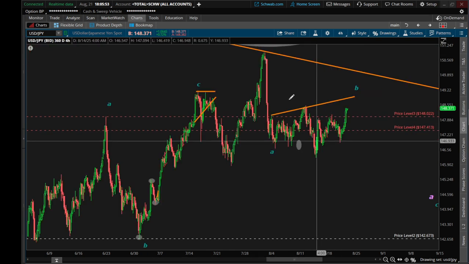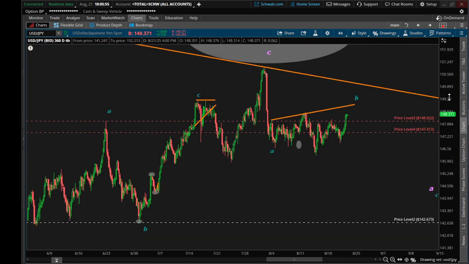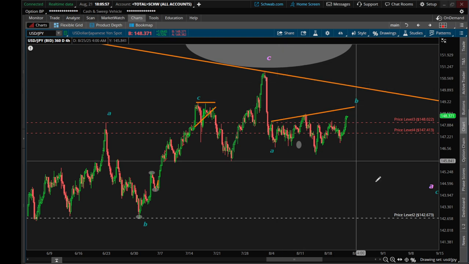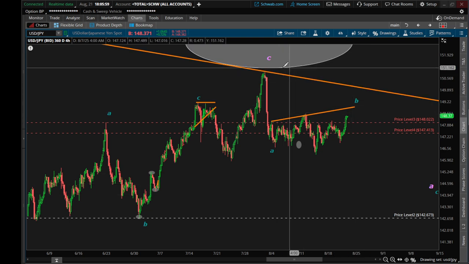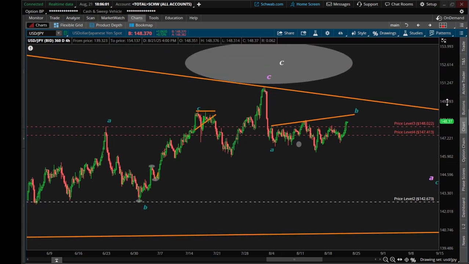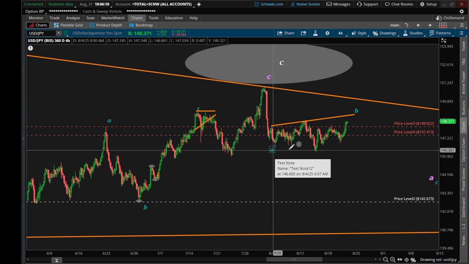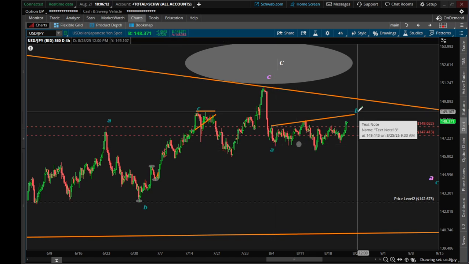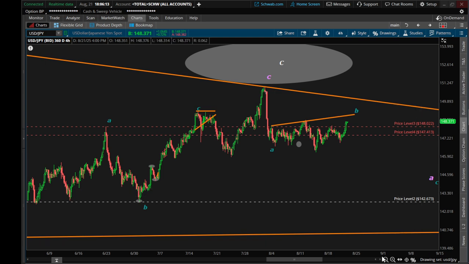See if we can focus on what I think is our D leg down. So the minor C leg is complete right here on this trend line. And now we have an A down, trying to finish a B, looking for a C down.